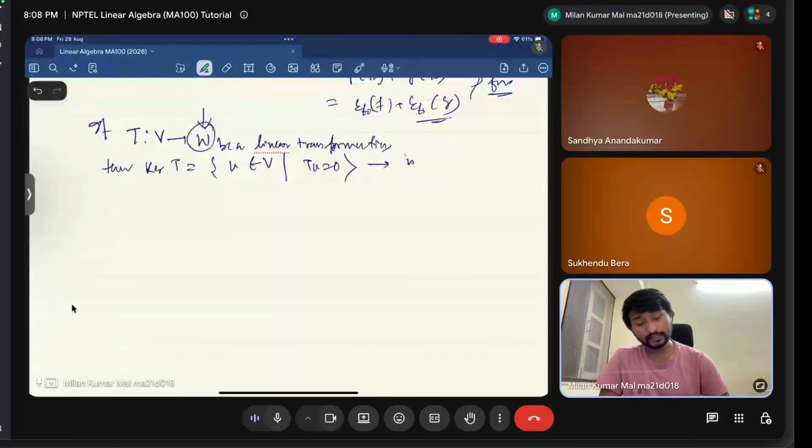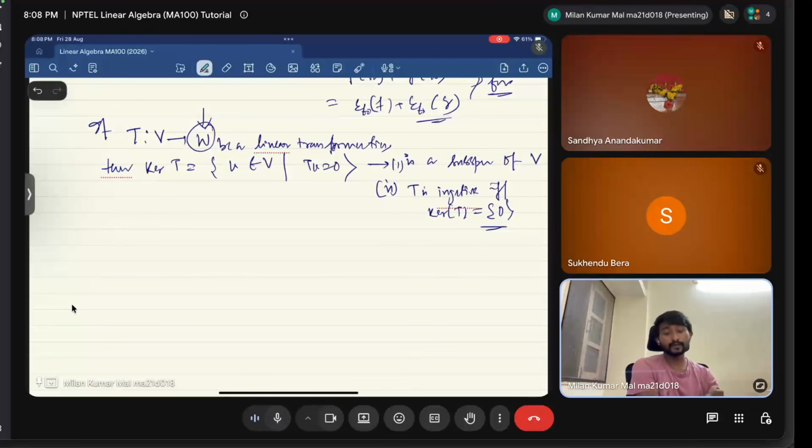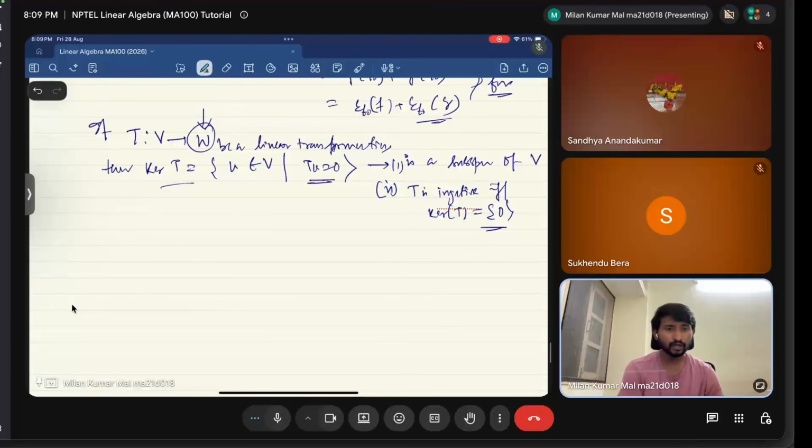First of all, this is a fact: it is a subspace of V. Second fact, T is injective if and only if the kernel of T is nothing but {0}. Because if T is injective, then T v equals 0 implies v has to be 0. That means this set should not contain more entries.